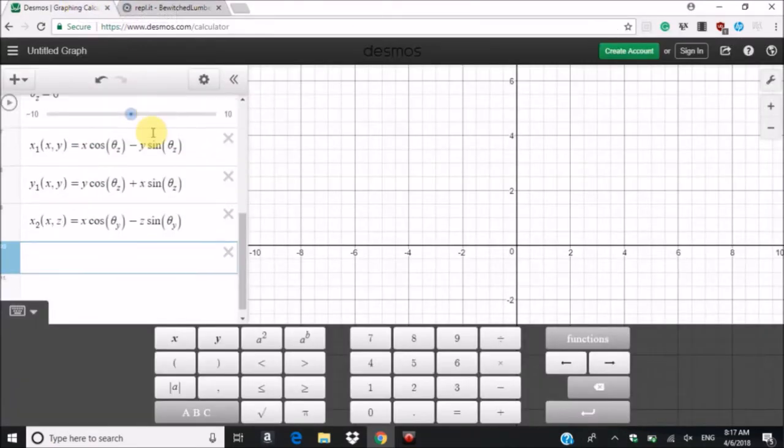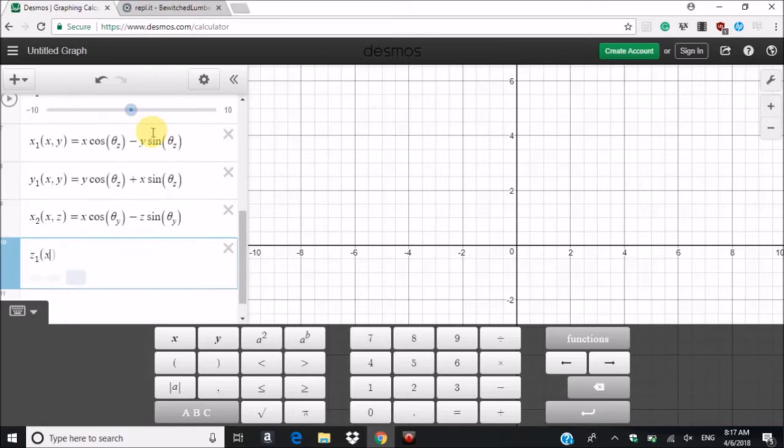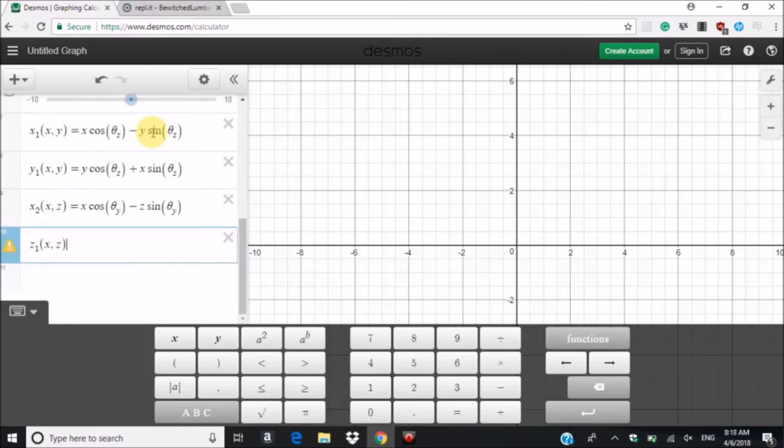Okay, this means the z function is z times cosine. Okay, so this should also be able to now rotate along the y-axis.